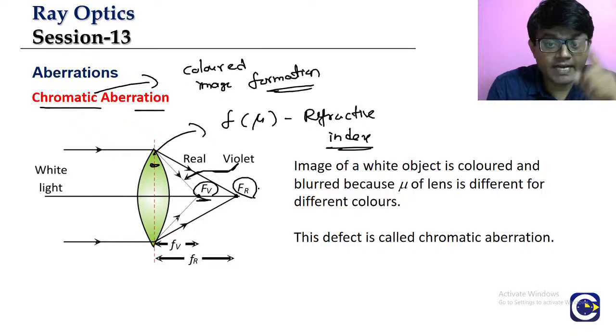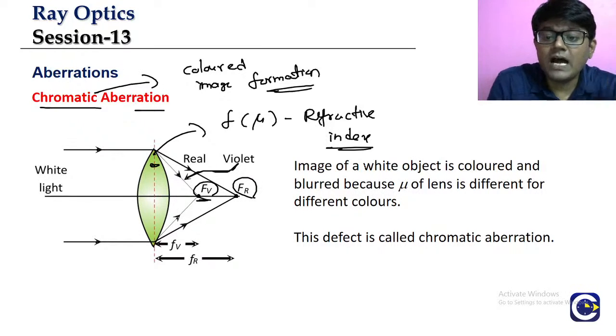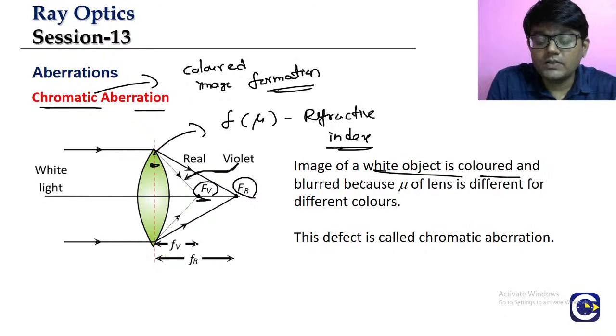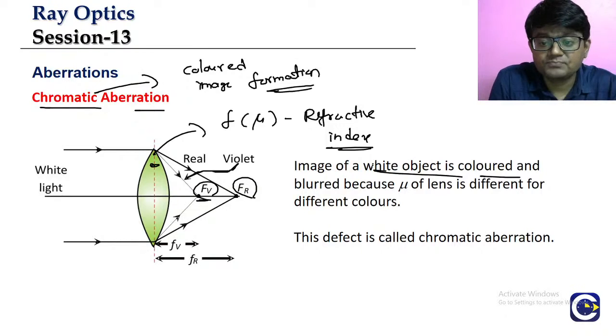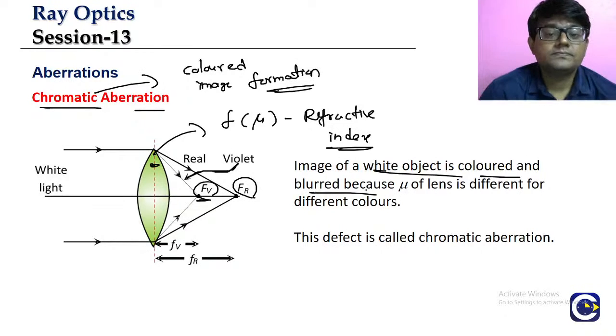Refractive index changes from lambda value to lambda value, which means the image of a white object will not only appear colored, because the different colors are getting split, it will also look blurred because it is spread. The image will not be at a particular point.